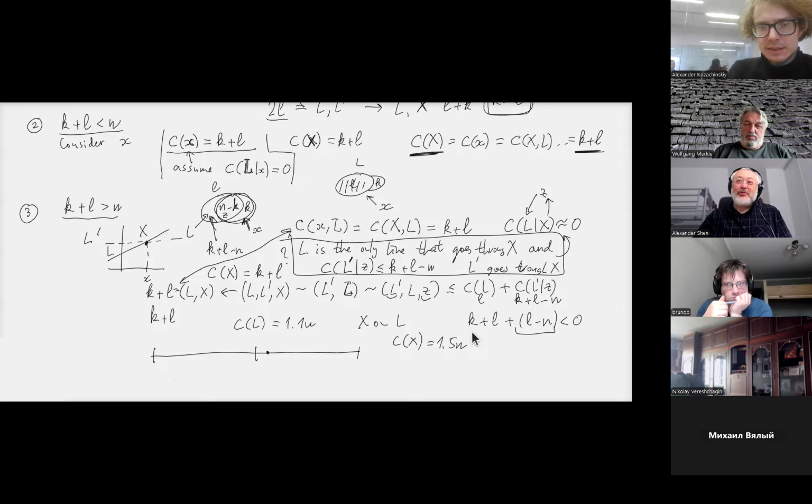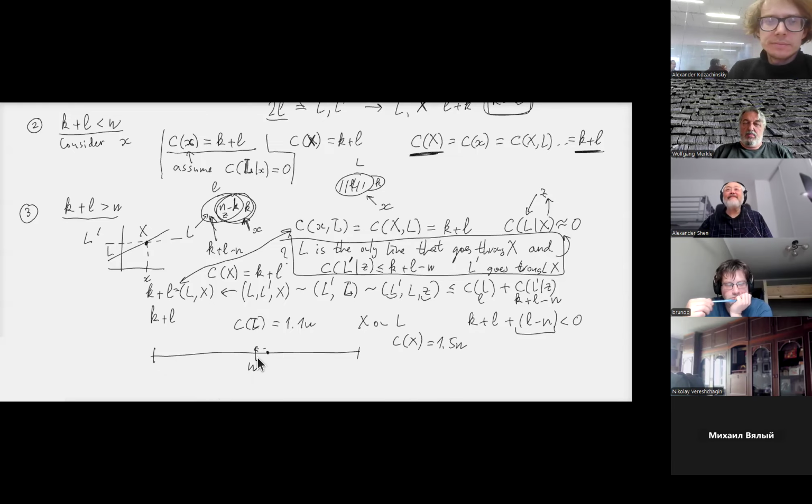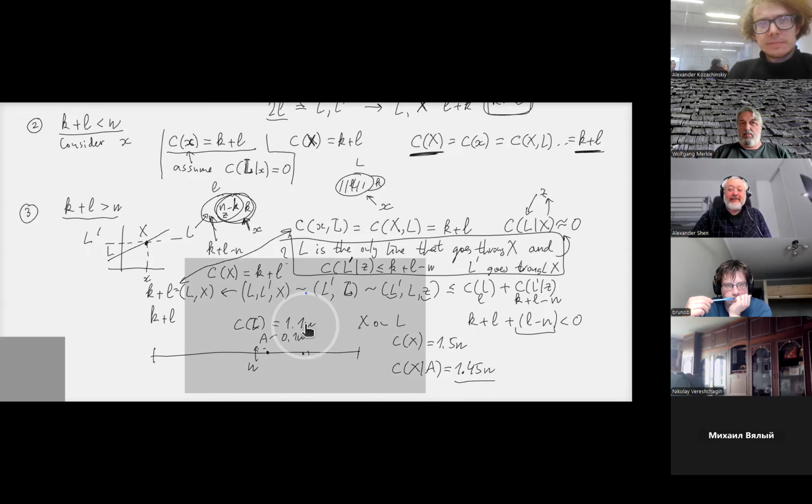And probably you guess how we do it. Let's add some oracle which will decrease the complexity of L to just n. And then we know that this case is already covered by Don's theorem. So we can find a point of any complexity we want. Let's take complexity 1.45n.